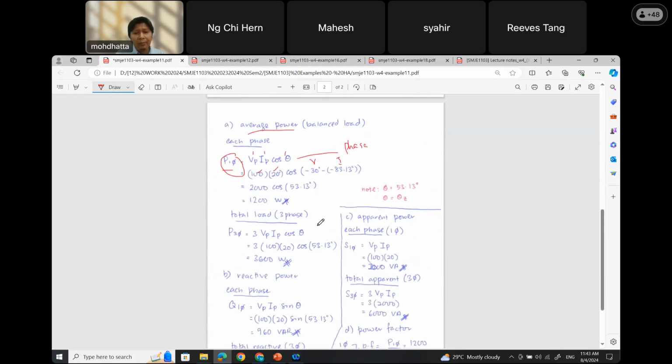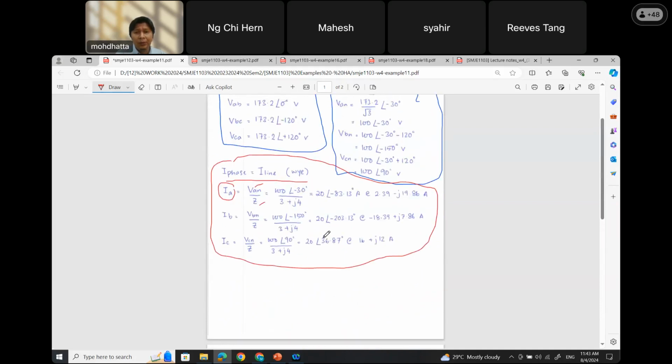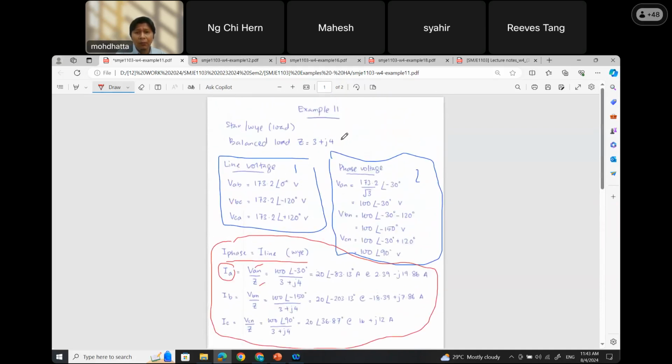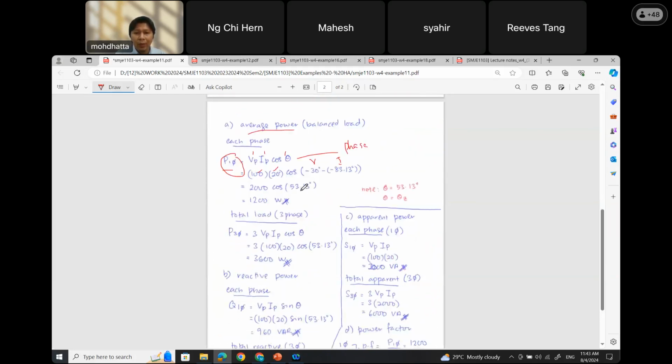And if you notice, if you convert this Z into polar form, the theta Z that you can get from here is basically the value that you see over here, 53.13.